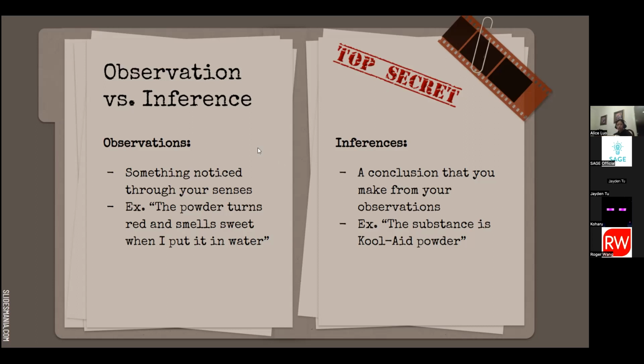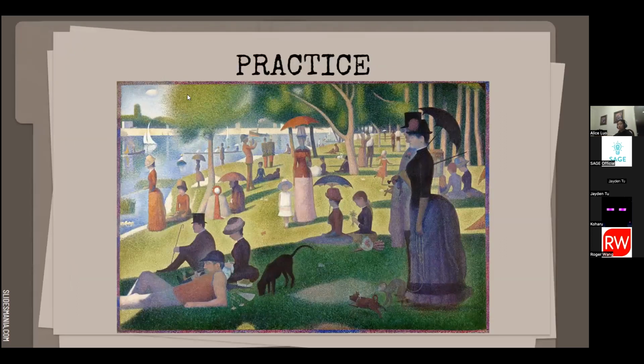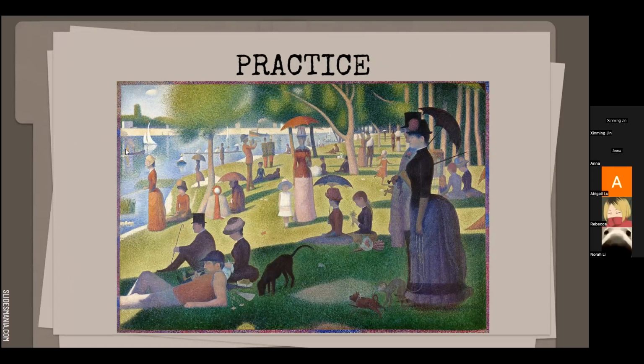We're going to practice this because it's a little bit hard to just have me think of it. So this is a famous painting by, I believe, Seurat, and it's made out of these tiny dots. And yes, if you all would like, feel free to turn on your camera so I can see you guys and I'm not just talking to a screen.